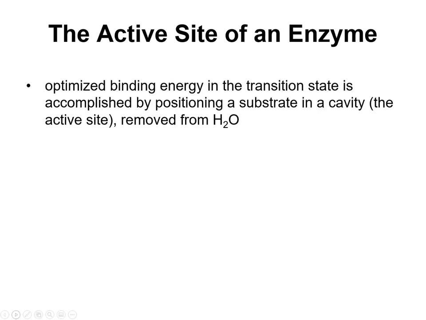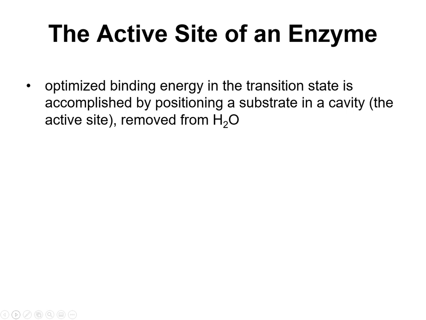And we mentioned that enzymes have an active site, a little spot that has the exact right environment for the chemistry to take place and for the substrate to bind. The binding energy is optimized in the transition state in the active site. And remember, all of these molecules, the substrate, it's got this hydration layer around it.